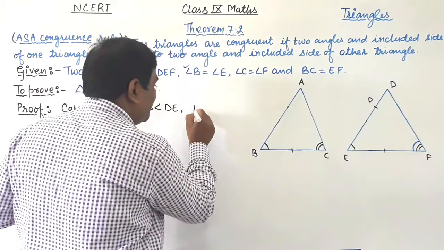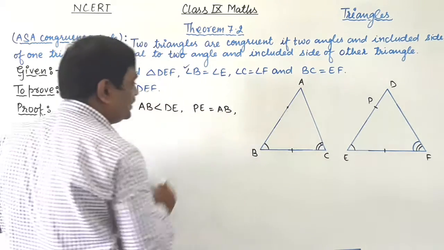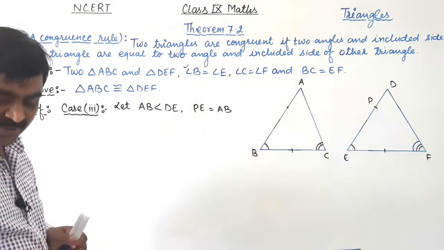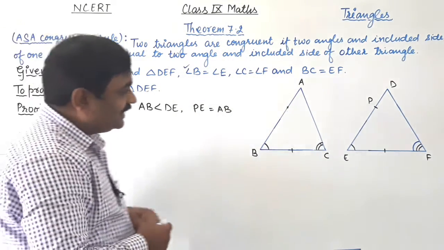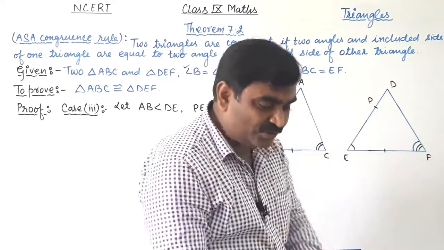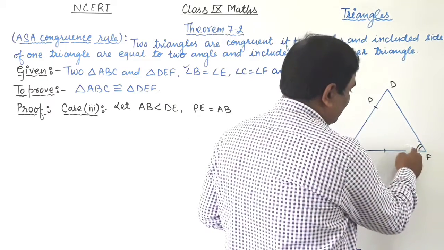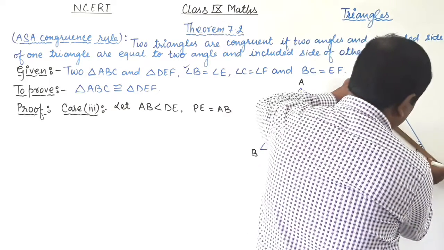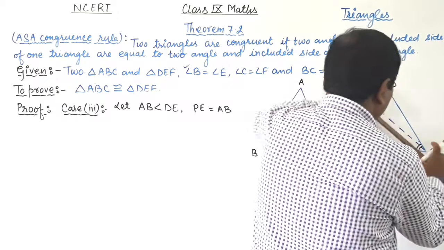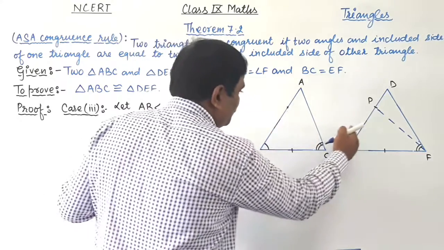According to this condition, we have to prove this third case also. After taking point P on side DE, as DE is greater than AB, now join this P to F. When you join P to F, what you have taken is AB equals EP.